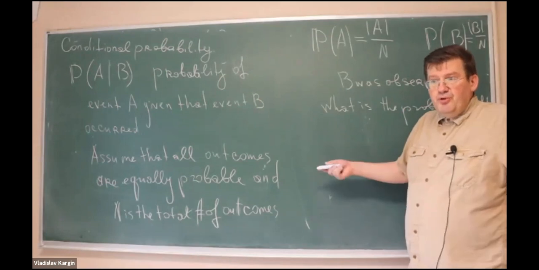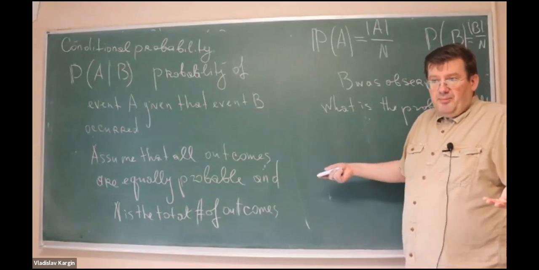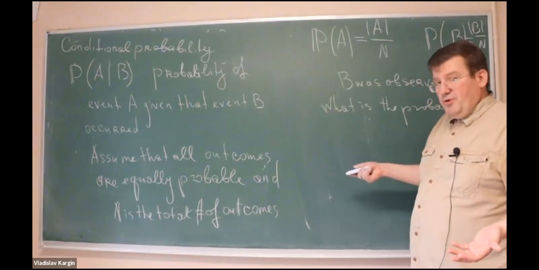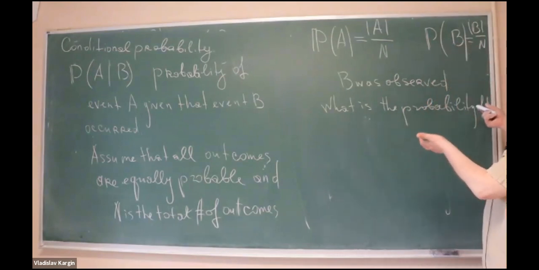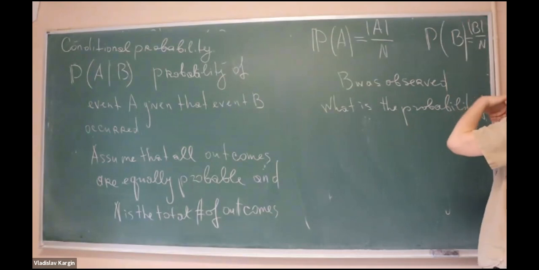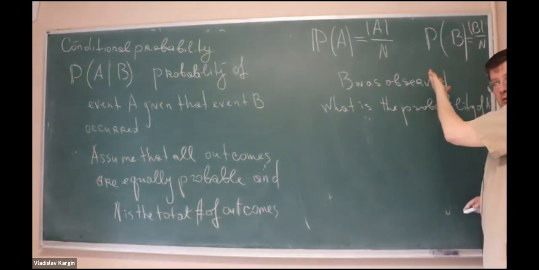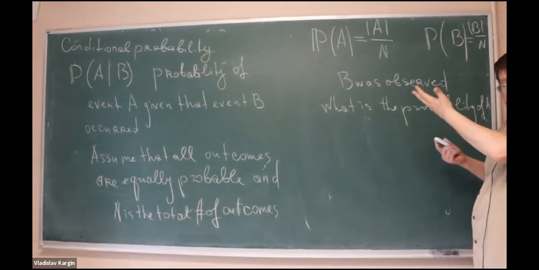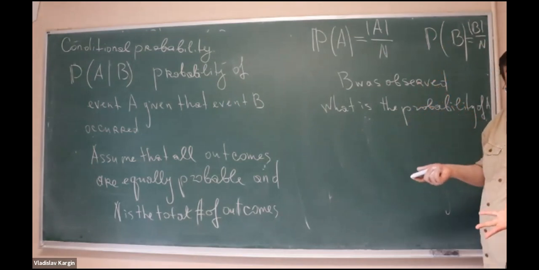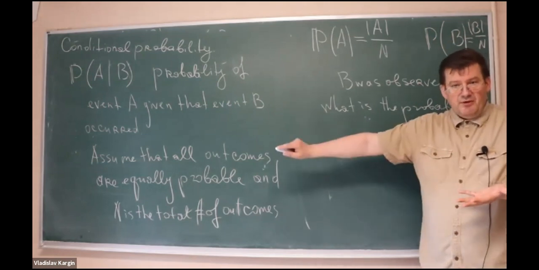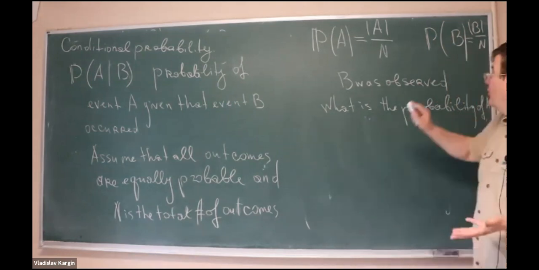So you'll need to rebuild the probability space. You need a different probability space. So what's your probability space? Well, your probability space is all outcomes which agree with B. So B consists of some specific set of outcomes. Now you know that B is realized.